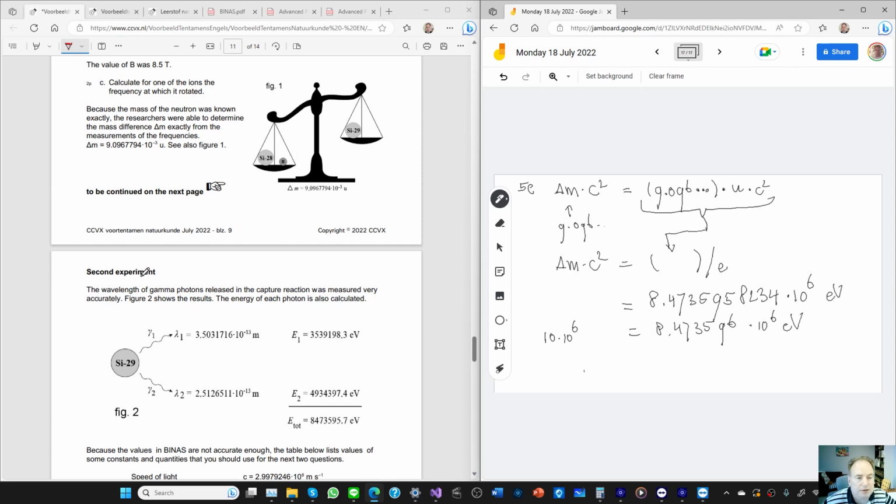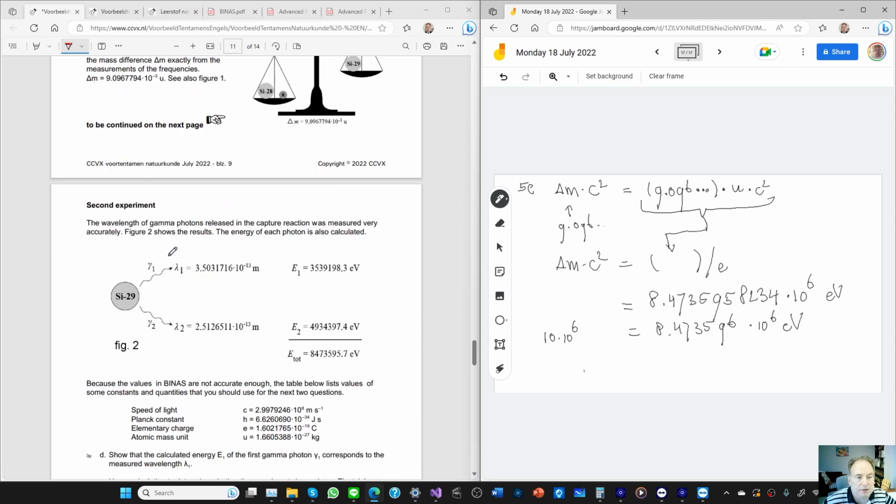But the second experiment would require the capture of the neutrons so that these gamma rays are emitted. So yeah, it should be the second experiment. That's kind of trivial. You need neutrons to get the photons emitted and the energy released.